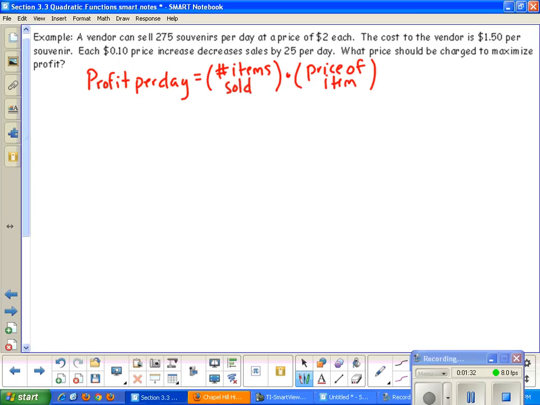And of course, then that would tell you how much profit you're making. So there's two different parts to this equation that we have to figure out. We need to figure out what the price of the item is going to be and the number of items sold. And it's a little bit tricky because it doesn't exactly give those in the equation.